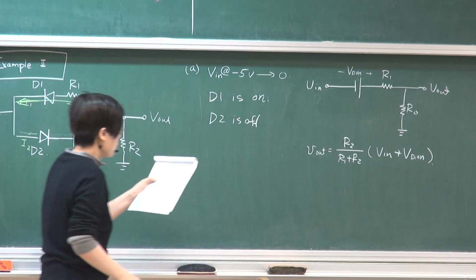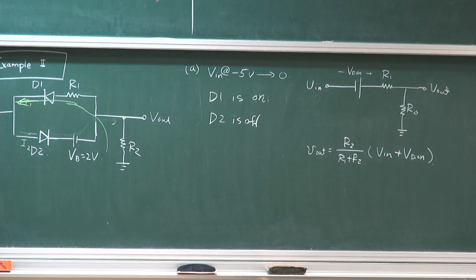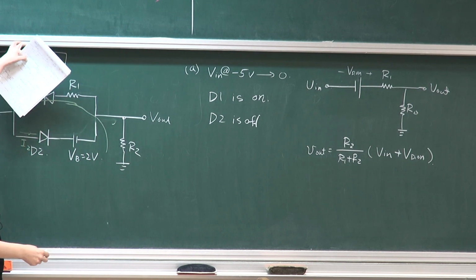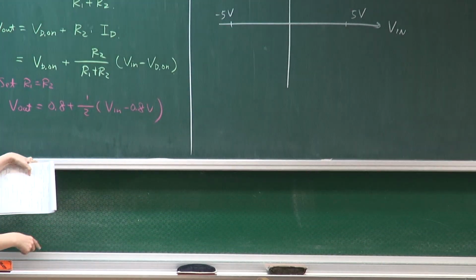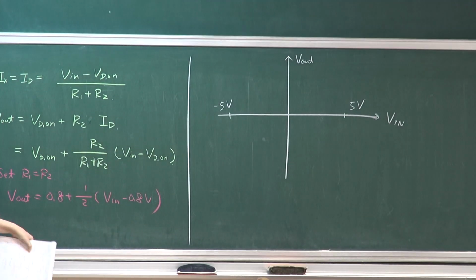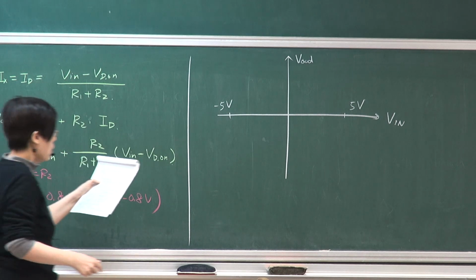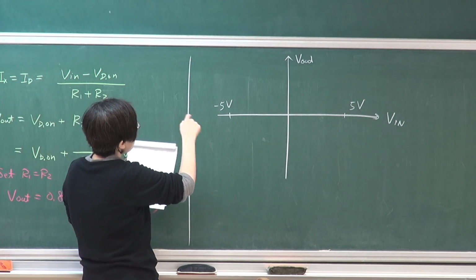Okay? So we know that the slope of coming in from -5 will be R2 over R1 plus R2. We're going to use the same model. We're going to use the 1/2.